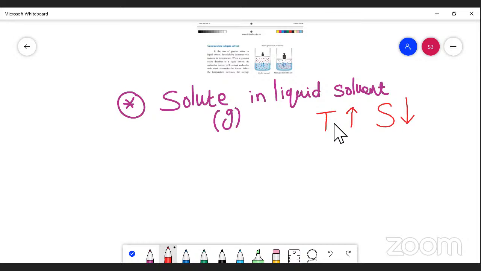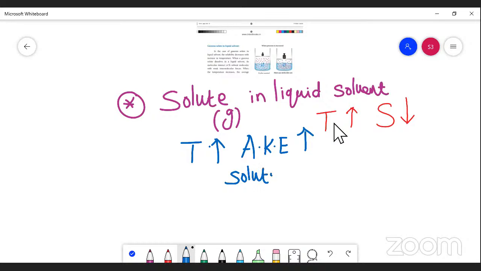When the temperature increases, as I said earlier, average kinetic energy also increases. If the average kinetic energy increases, that means the bond between the solute and solvent particles weakens.